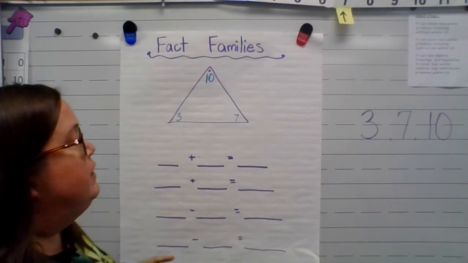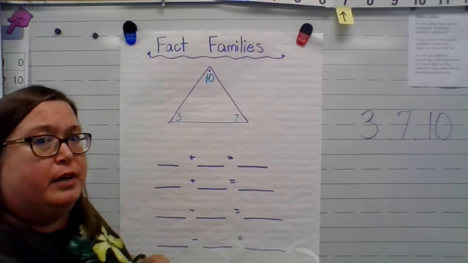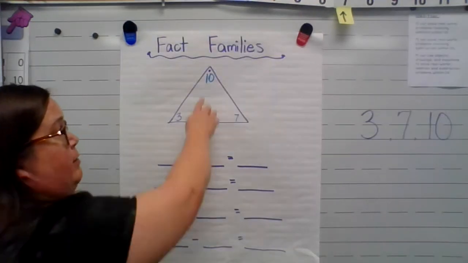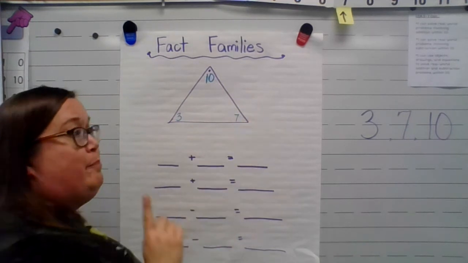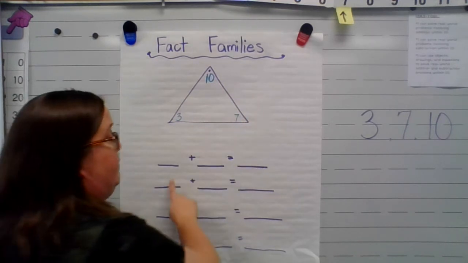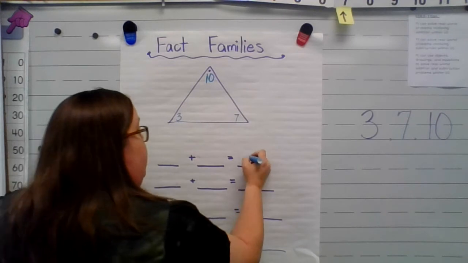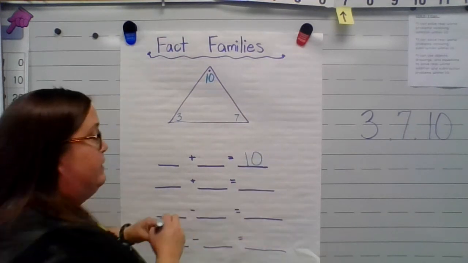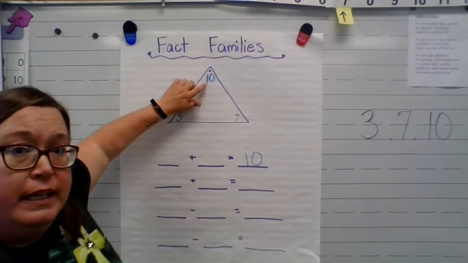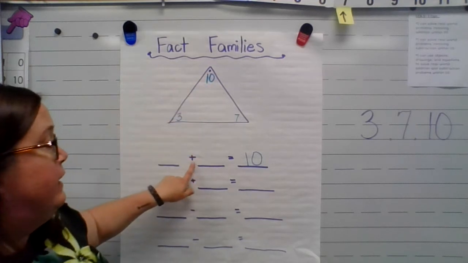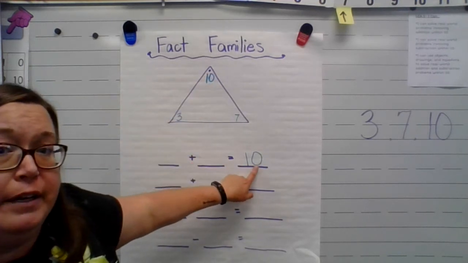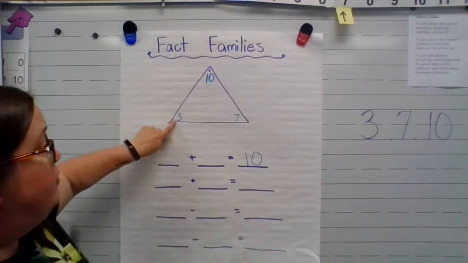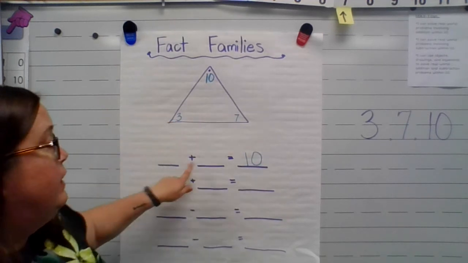So if I'm putting two numbers together to make a bigger number, and I'm using only these numbers, the biggest number is going to be the answer. And I'm going to put the biggest number here next to the equal sign by itself. The 10 is the biggest number. And if we're adding, the biggest number is going to be our answer right here. Okay? The 3 and the 7 can go here and here.